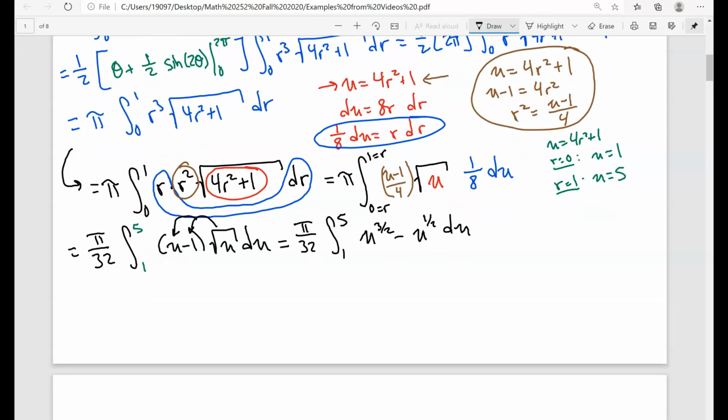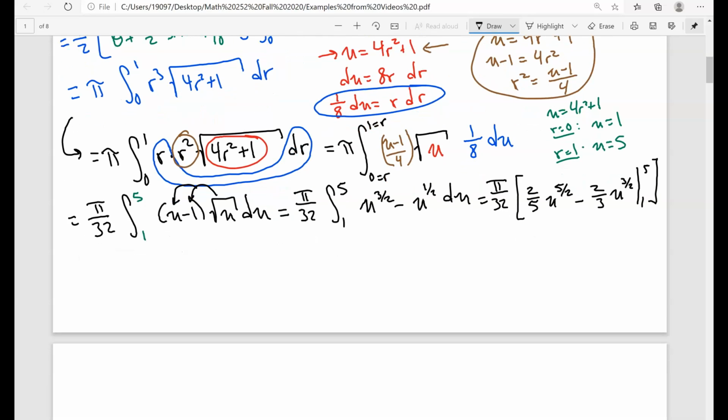That's distributing in the square roots. And now all we've got to do is take the antiderivative of this guy. So taking the antiderivative, I'm going to get pi over 32 times 2 over 5 u to the 5/2 minus 2 over 3 u to the 3/2 from 1 to 5. Now let's plug that in.